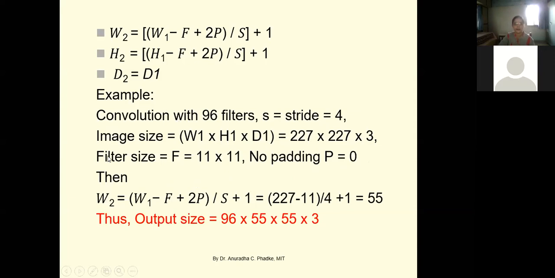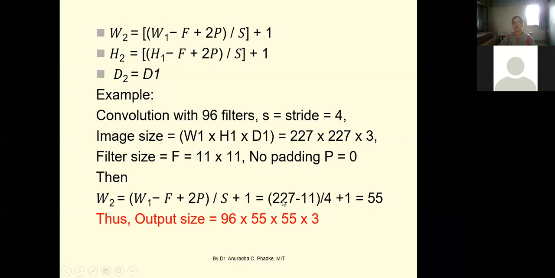Okay. So here is your new value W2. Again, W2 and H2 are the same because your image width and height are the same. Here I have displayed only the result of W2. So W2 is (W1 minus F plus 2P) divided by S, plus 1.